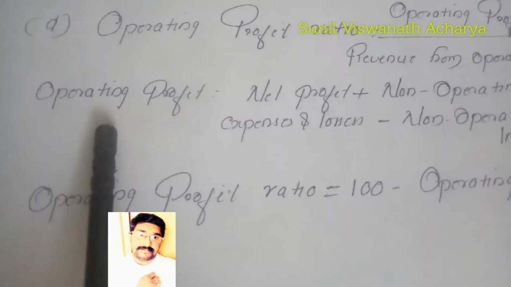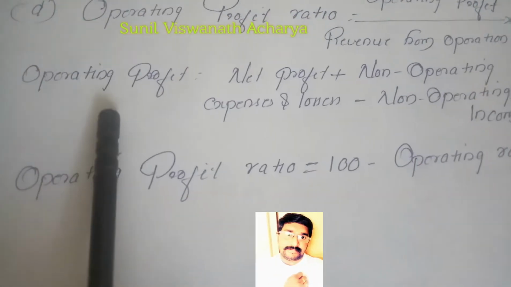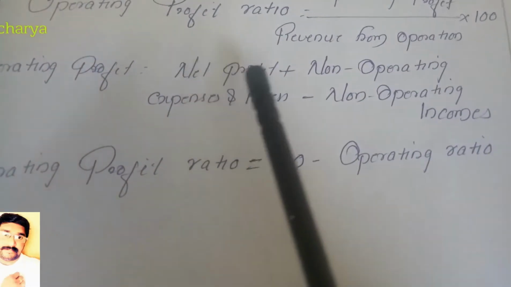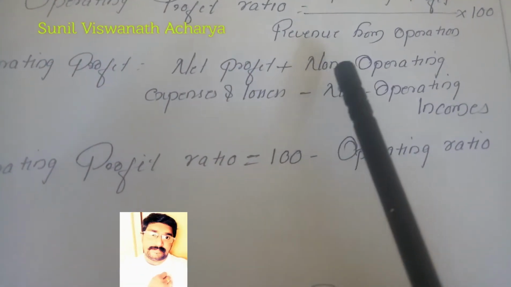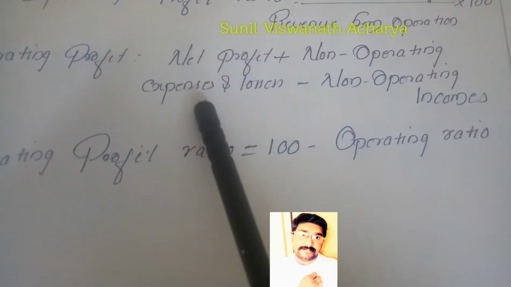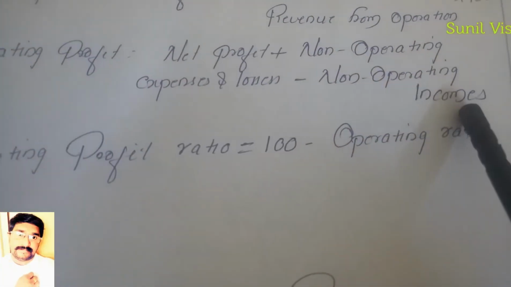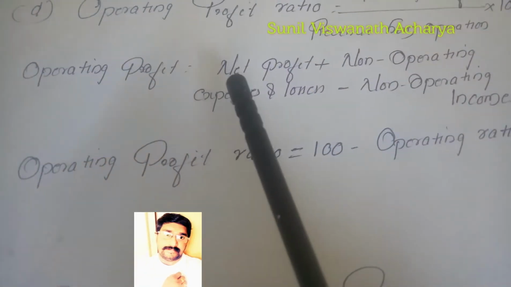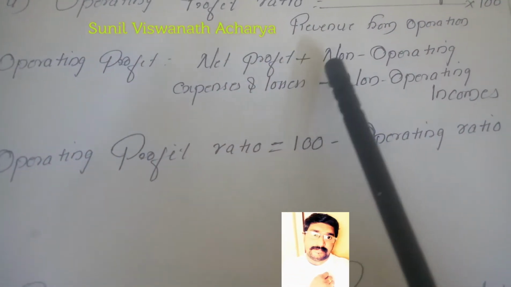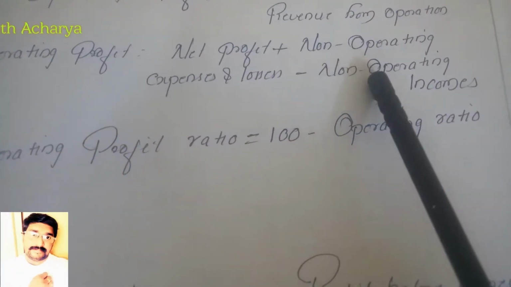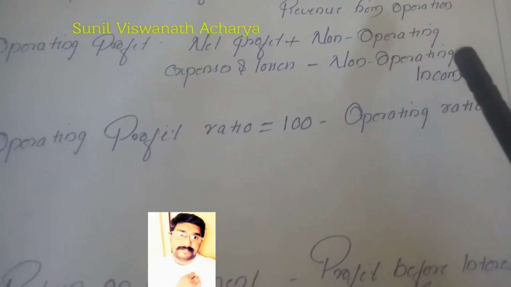Operating profit, some questions directly not given, so we can calculate this way. That is net profit plus non-operating expenses and losses minus non-operating incomes. How to calculate operating profit? Net profit plus non-operating expenses and losses minus non-operating incomes.